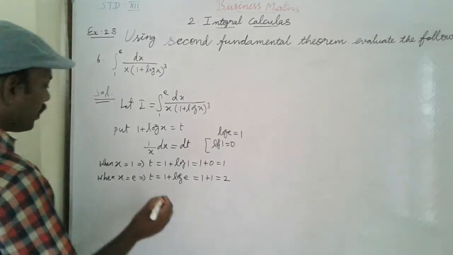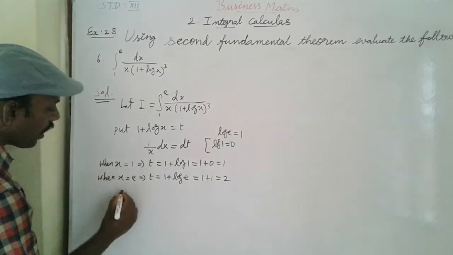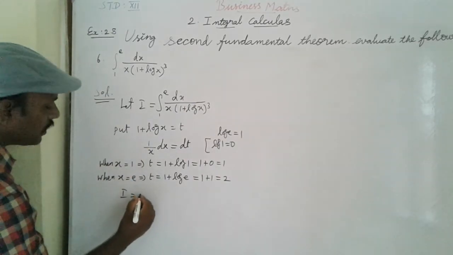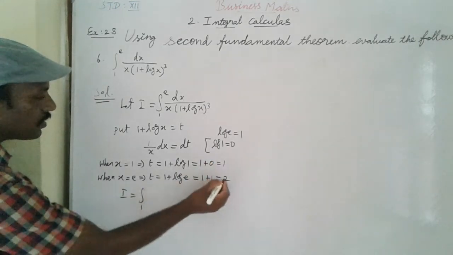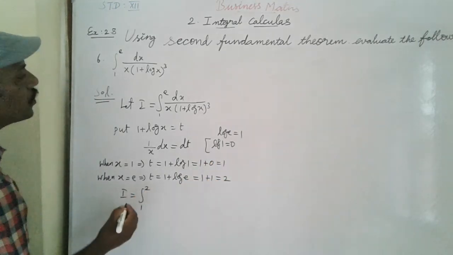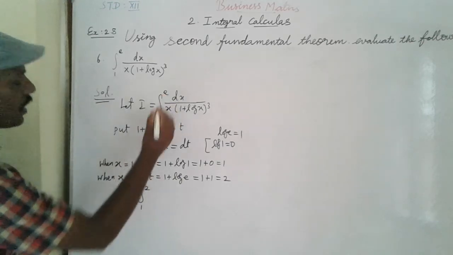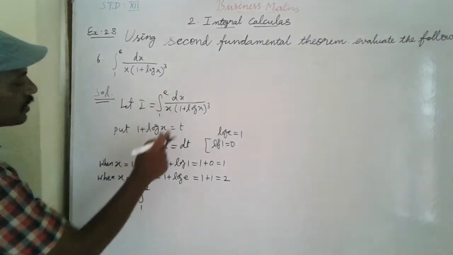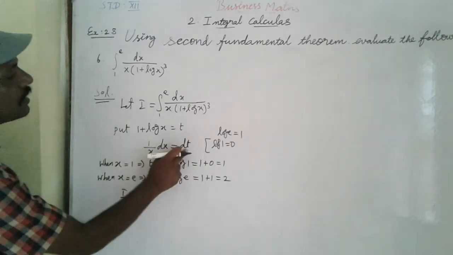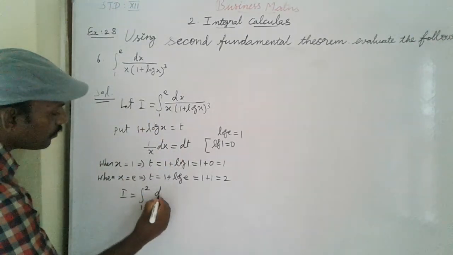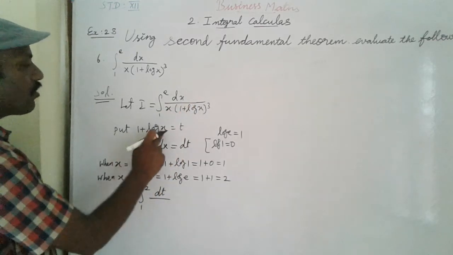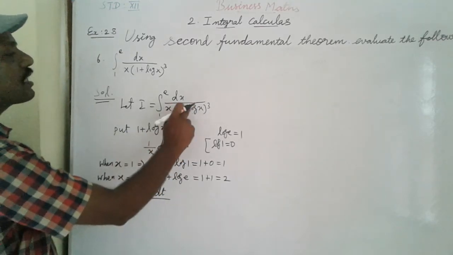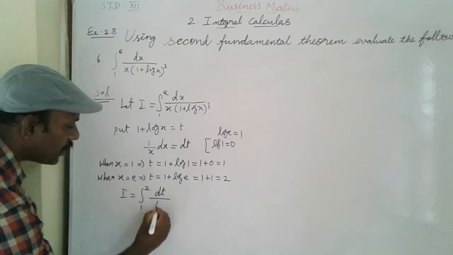So substituting in I, the first limit of t is 1 and the second limit is 2, from 1 to 2. We know that dx divided by x is dt, and 1 plus log x is t, so 1 plus log x whole cube is t cube.